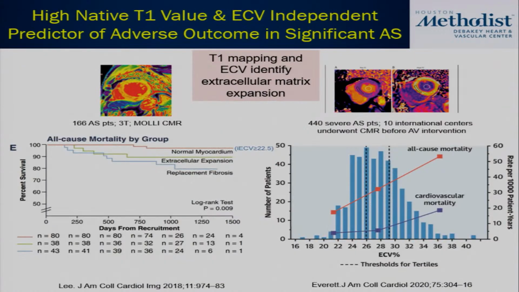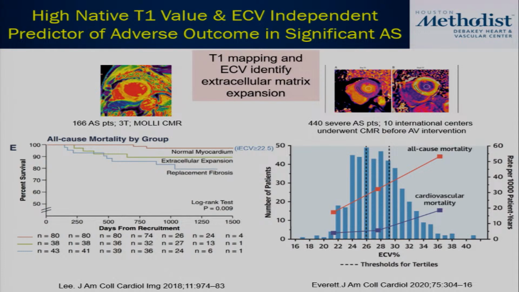That was all the replacement fibrosis and infiltrative fibrosis that we talked about. Then there's also the interstitial fibrosis. These are assessed through techniques called T1 mapping and calculating an ECV, which requires a hematocrit. But the bottom line is you're assessing the extracellular matrix. And all I wanted to show you is these 2 studies that have looked at this.